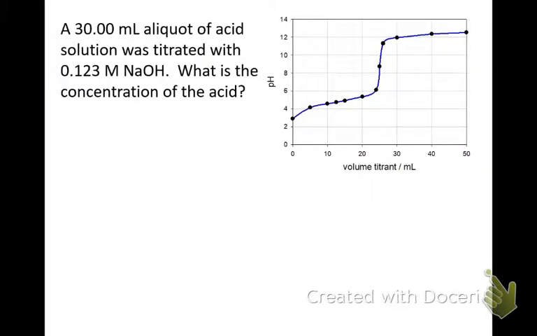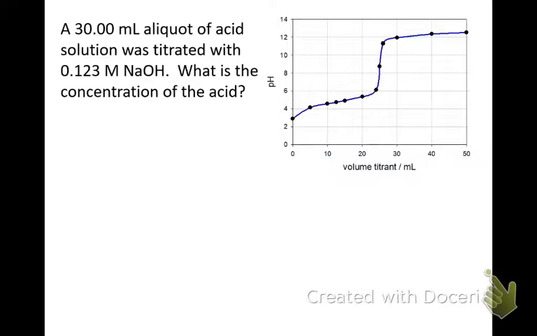We can then use that to calculate the initial concentration of the acid solution. So if you think about what was the concentration of the analyte when we poured it into our titration apparatus. In this problem, a 30 milliliter aliquot of acid solution was titrated.